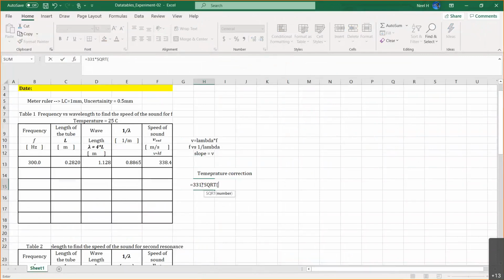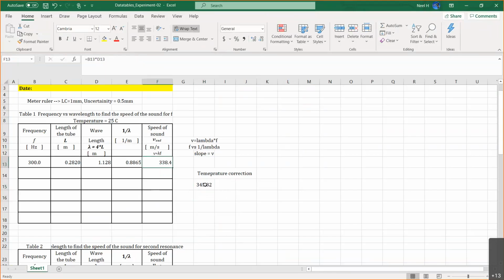So another parenthesis, 273 plus 25, because this is at 25 degrees C, divide by 273. That's our temperature correction equation, close bracket, hit enter. Now you can see I should expect about 345. So it's a fairly large difference, okay?